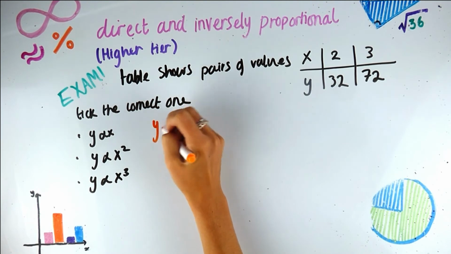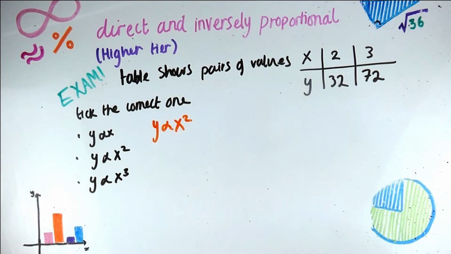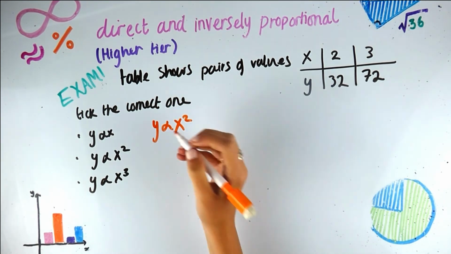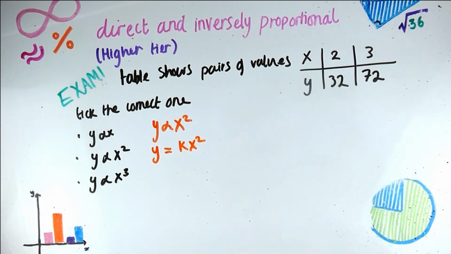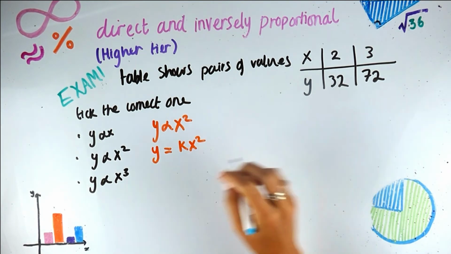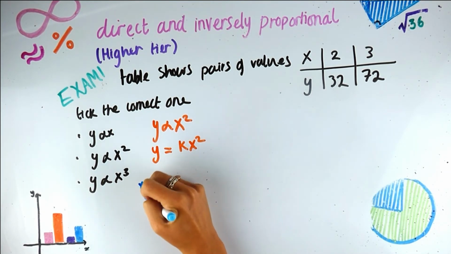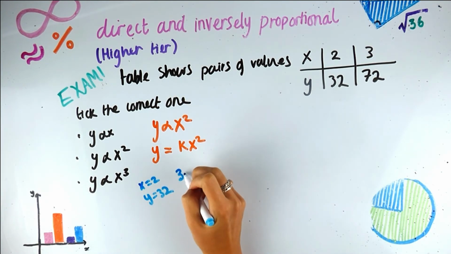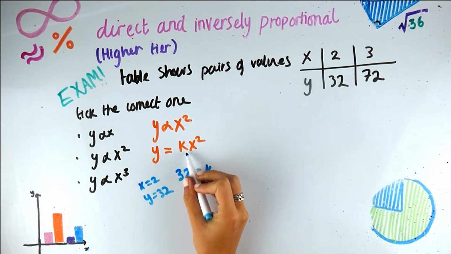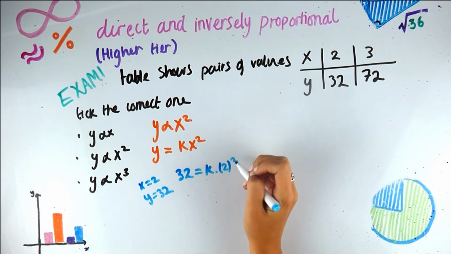So now let's try y proportional to x squared. Same steps, we know that we can rewrite proportional as equals kx squared. We have some data points, so let's substitute again x equals 2, y equals 32 and see what k would be. So 32 equals k multiplied by 2 squared.